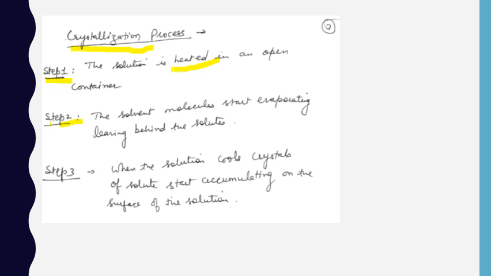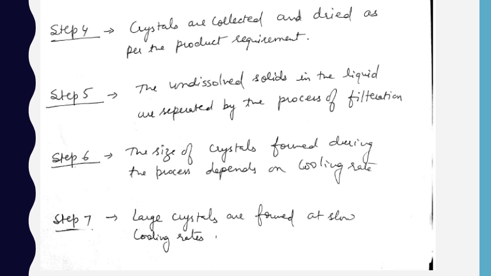Then step 2 involves the evaporation method, so that whatever solvent molecules are there evaporate. Then in step 3, we cool the solution, so crystals start accumulating on the surface of the solution. In step 4, we collect the crystals and dry them as per our requirement.